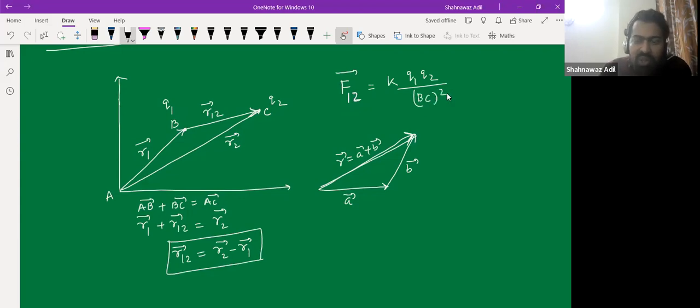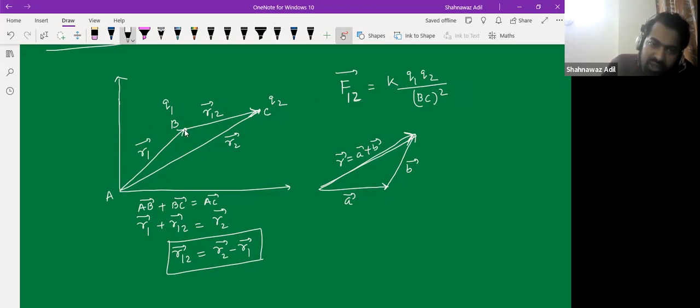And what about the direction? Can you guys tell me? What would be the direction? Let's say that would be BC hat or CB hat.